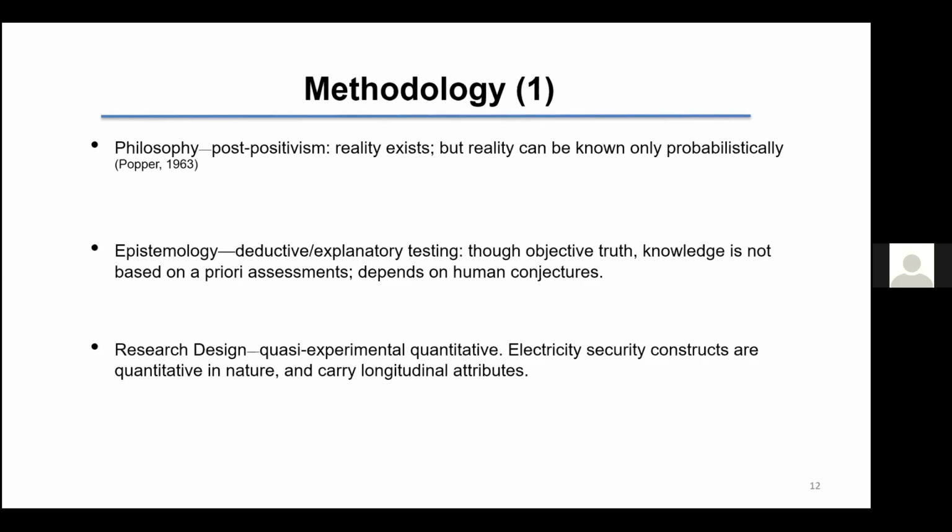extension of the beliefs of positivism, without dismissing them, argues that this reality, however, can only be known probabilistically, because there is still an influence of human impact or conjecture in terms of what we can claim to call reality.